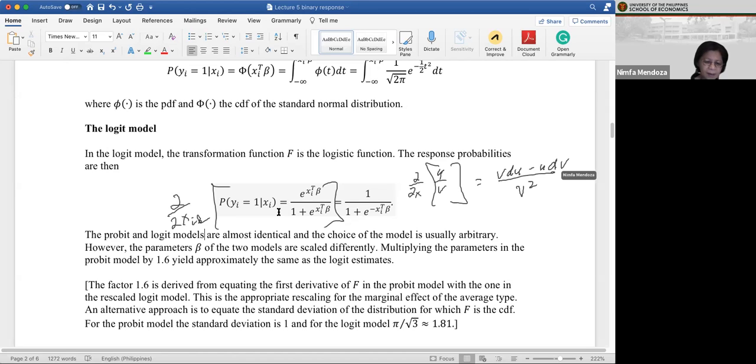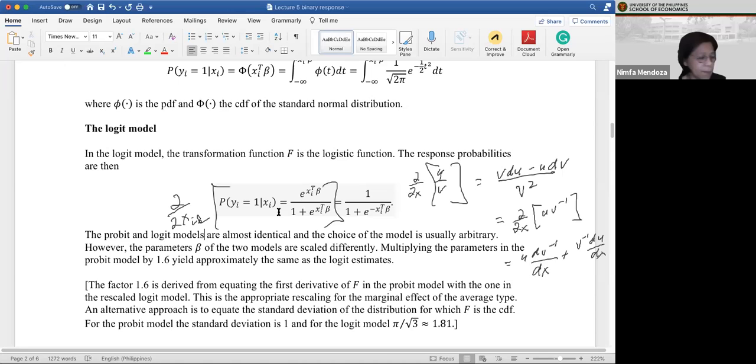Or you can express that as the partial of u v inverse, so that would be u times the derivative of v inverse with respect to x, plus v inverse times the derivative of u with respect to x. Either way, you should get the same answer.